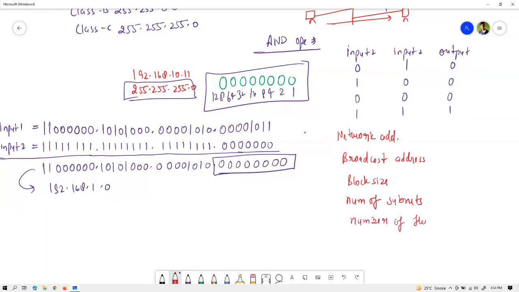These are the requirements in subnetting that you need to fulfill. You need to tell the network address, give the broadcast address, block size, number of subnets, number of hosts. When it comes to the requirement, let's say your organization is saying that we need to assign IP addresses to 20 pieces, then which network do I need to take, which subnet mask do I need to use? You can determine this with the help of subnetting.